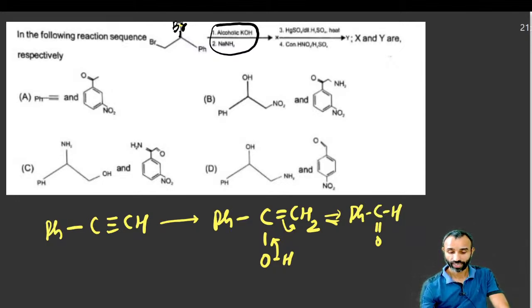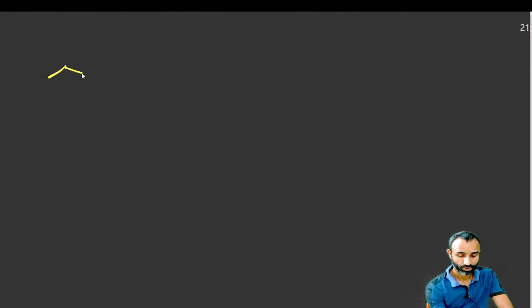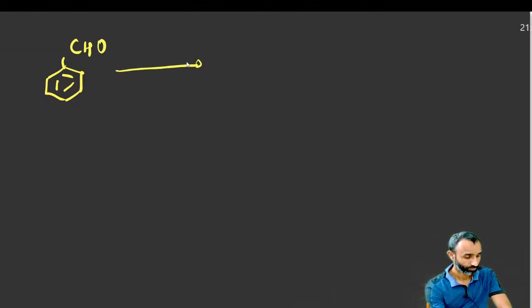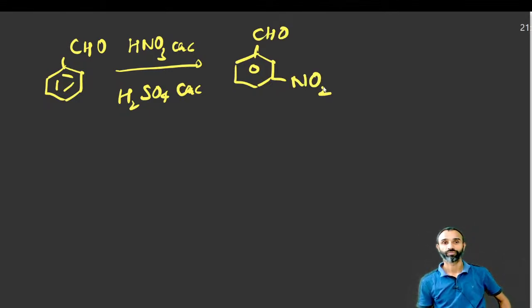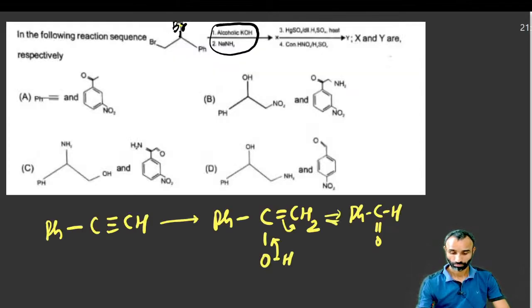So benzaldehyde, and then on nitration this gives meta-nitrobenzaldehyde. So it should be the first one only.